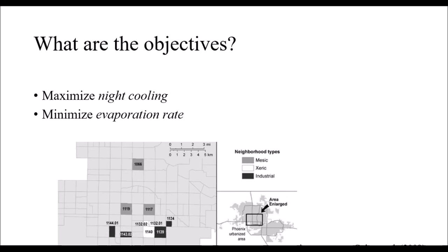I'm going to skip the details of exactly how these are measured in the interest of time. But the key idea is that they tend to conflict. So strategies that increase night cooling tend also to increase evaporation rate. But it's not a perfect exchange rate. It depends on a lot of factors, and the effect is going to be different for each tract. And that's why the LUMPS model is useful.